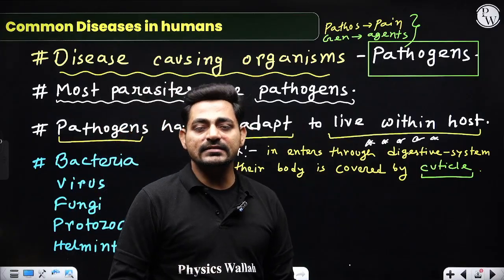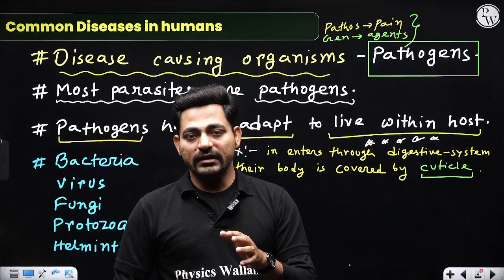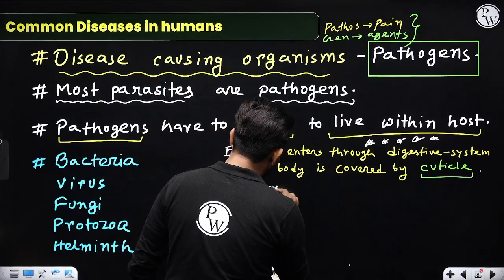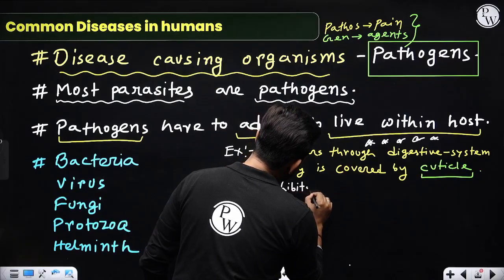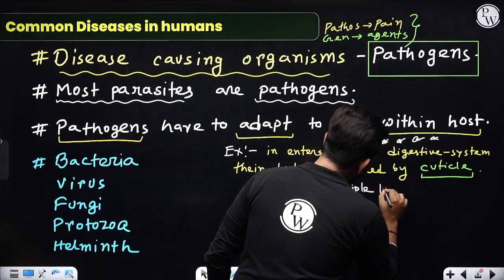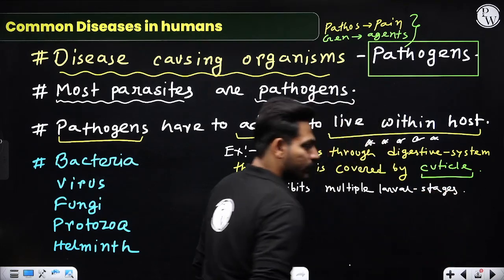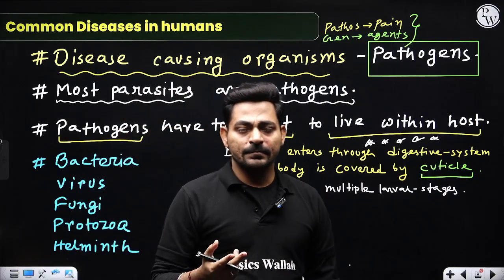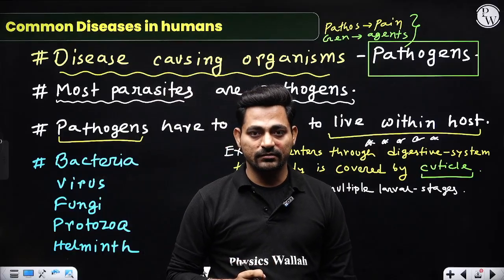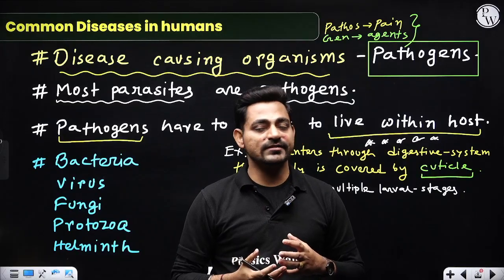Most parasites, or endoparasites specifically, exhibit multiple larval stages in order to escape the attack they get from the host immune system. They will change their external or internal morphology.